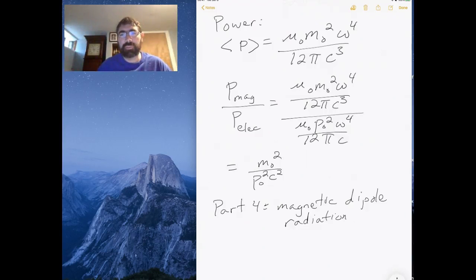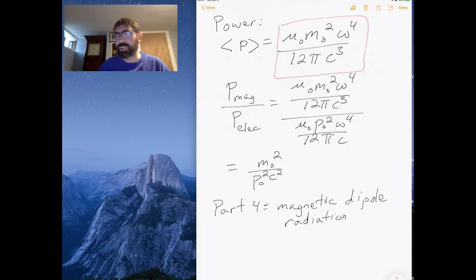This lecture is the fourth one in our derivation of the radiation from a magnetic dipole moment, and so it is pretty much just going to summarize it. What we found is that the power from a magnetic dipole goes as omega to the fourth, just like the power of an electric dipole.